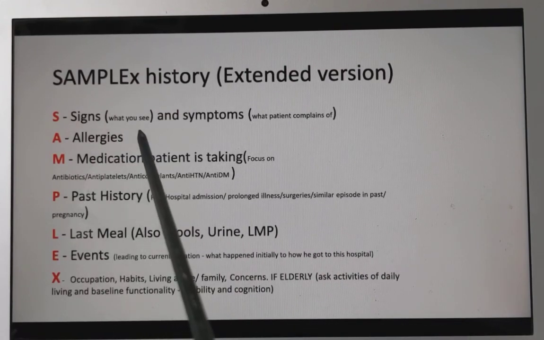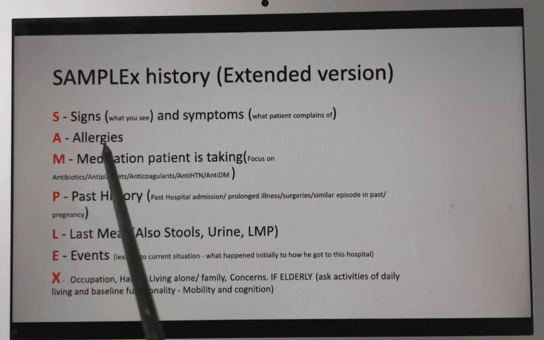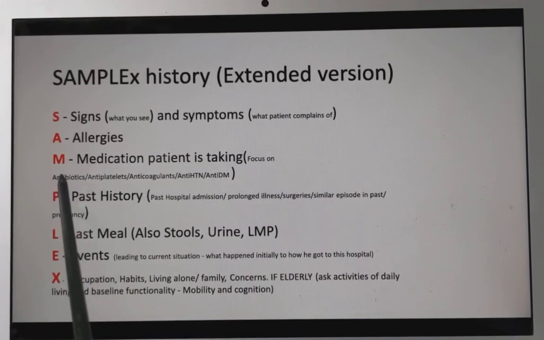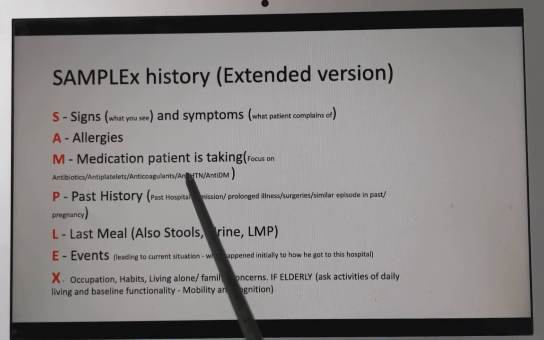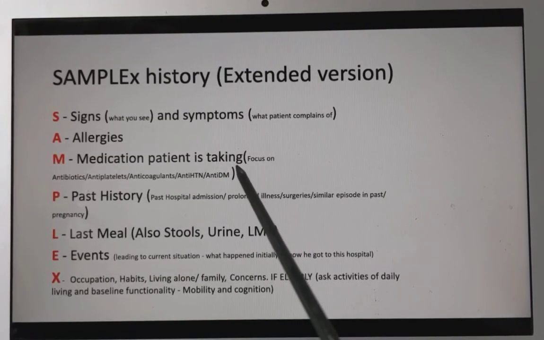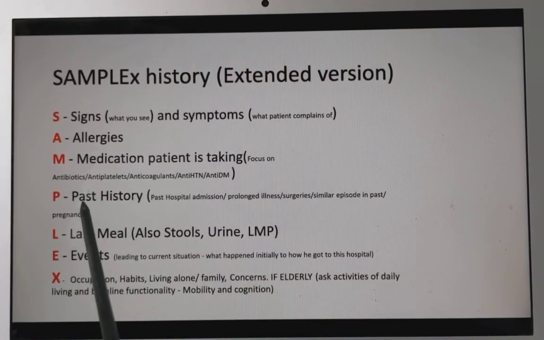So S is signs, what you see; symptoms, what the patient complains of; any allergies; M for medication the patient is taking. In the emergency department, you should focus on antibiotics, antiplatelets, anticoagulants, blood pressure medication, medication taken for diabetes, and also Parkinson's medications if there are any.